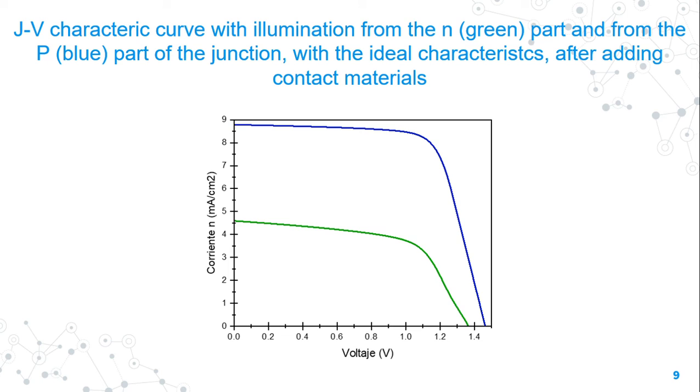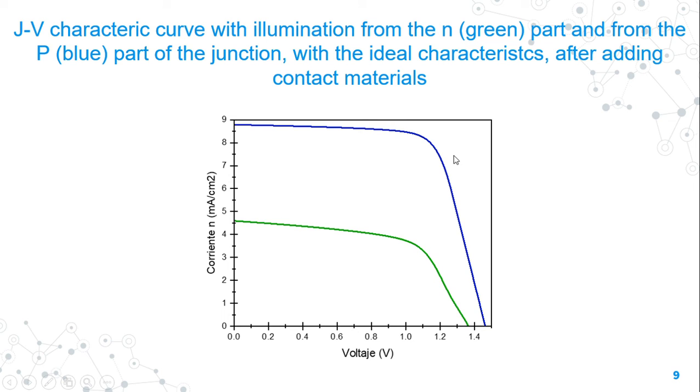Here we have a comparative chart with both results of the illumination of the solar cells. In green, we have the illumination from the N part of the region, and in blue we have the illumination from the P part of the junction, with the ideal characteristics and contact materials.